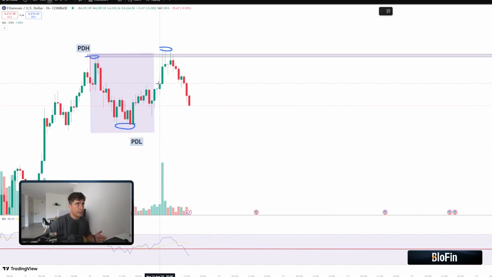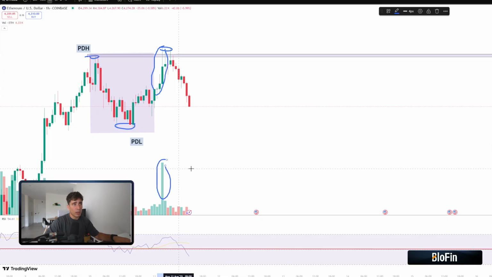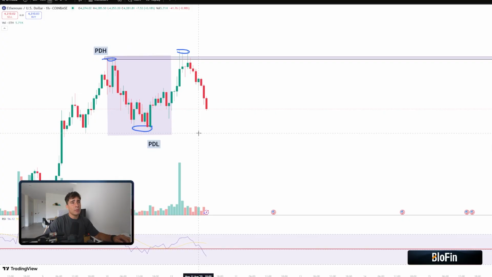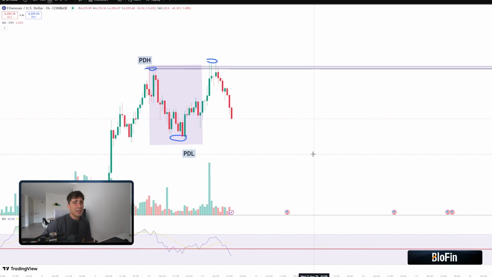Just take a look at here. This candle, which was the open of the session, was followed by a big spike in volume. We can see that the spike here was really high. When we see this kind of spike followed by this amount of volume, it means the chart is really bullish. So my move here would be really easy.